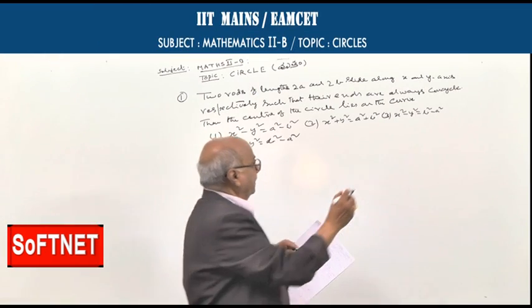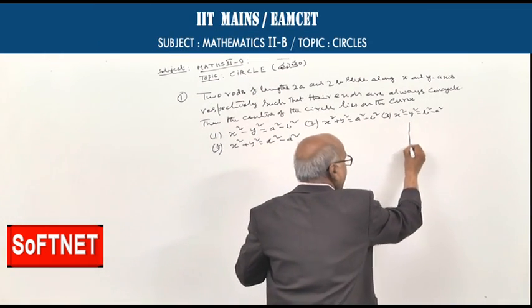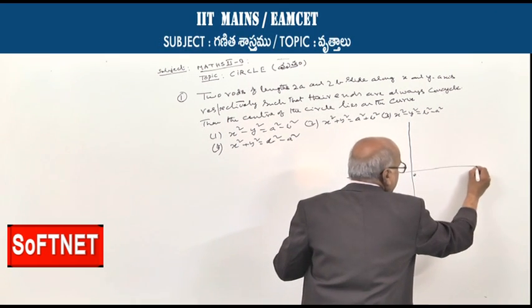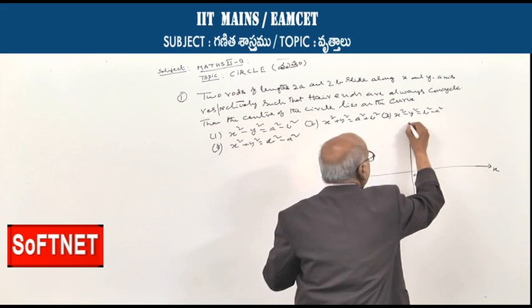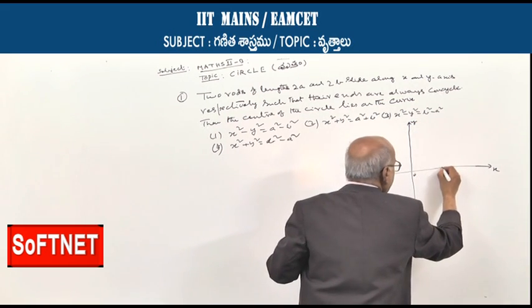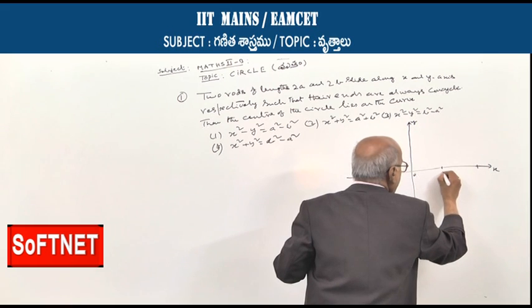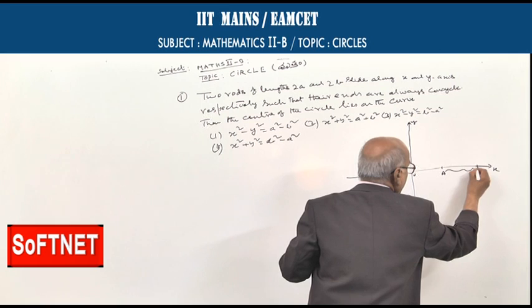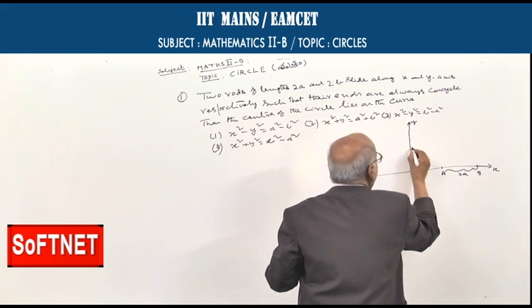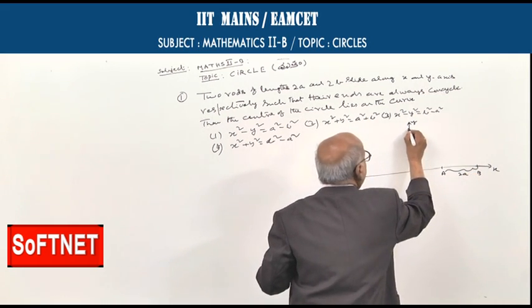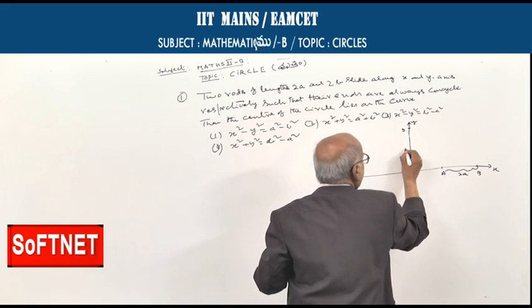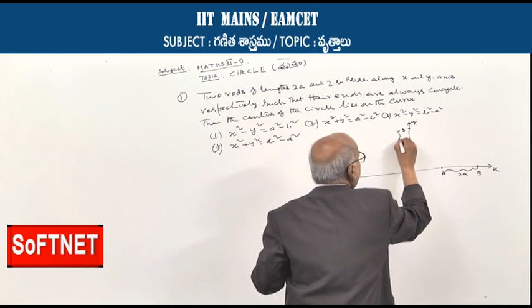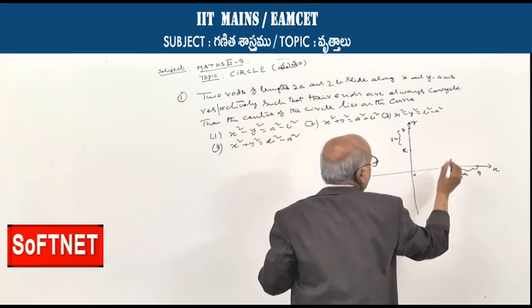So, see here, x and y axis are there, and the origin. Suppose AB is one rod of length 2a and CD is another rod of length 2b.